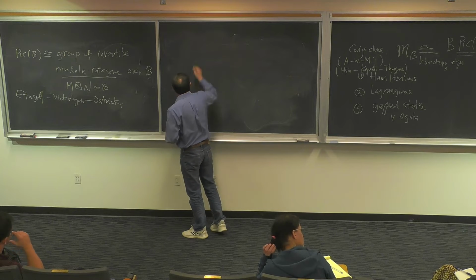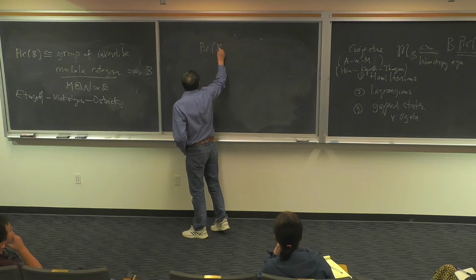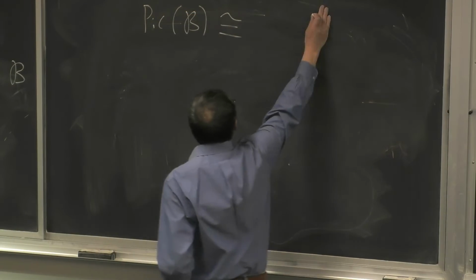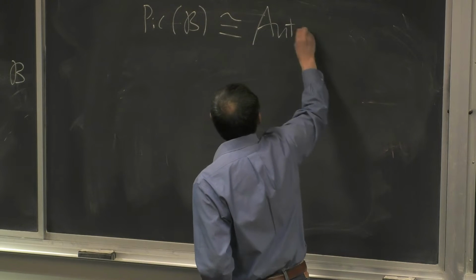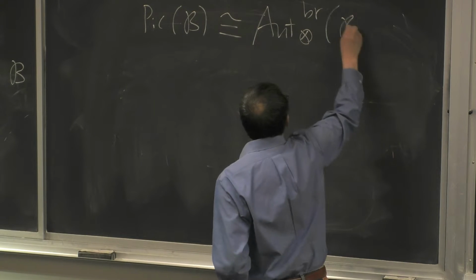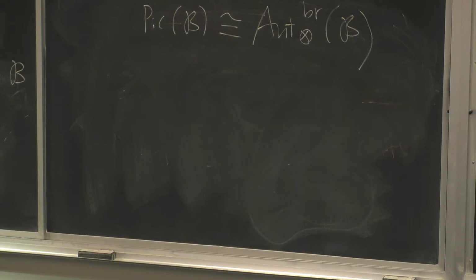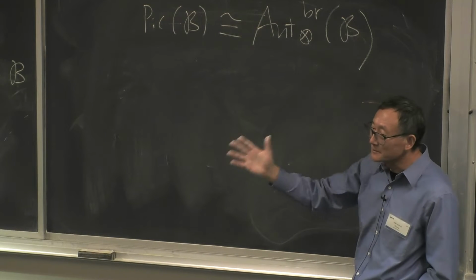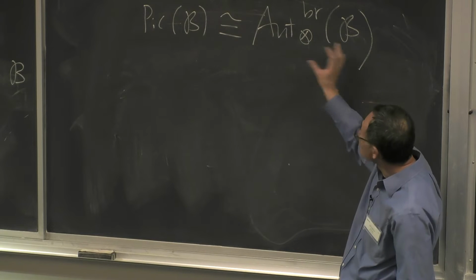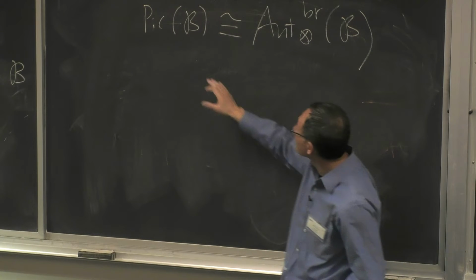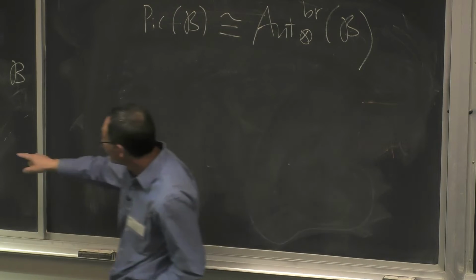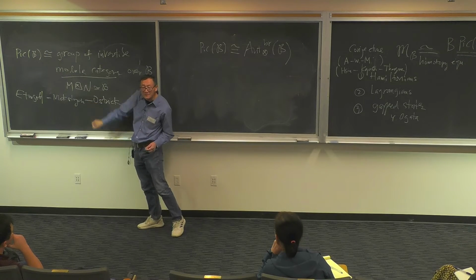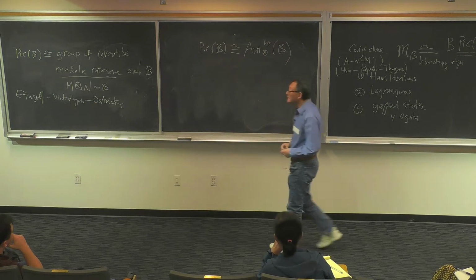The theorem says Picard is isomorphic to the auto-braided tensor equivalences. These are all the functors that preserve all the structures, and you compose them up to isomorphism. And this is the invertible modules using this as multiplication. And they are the same.